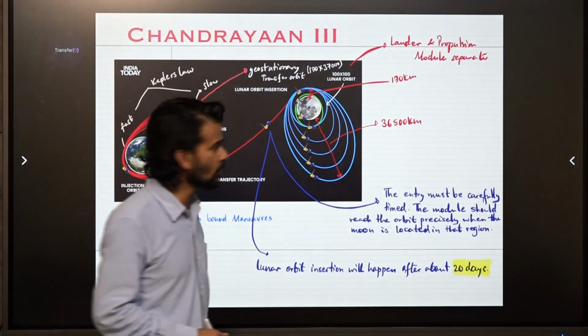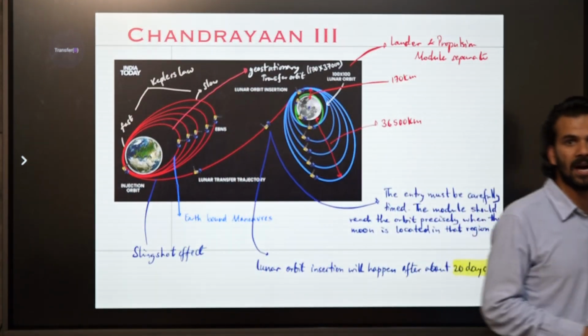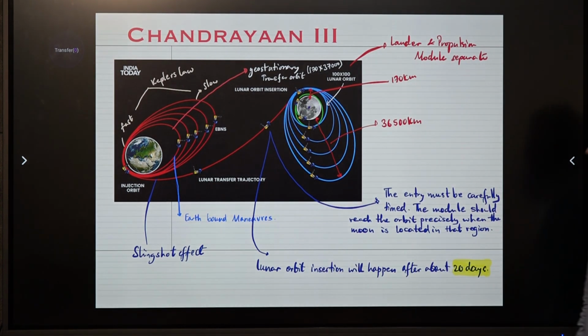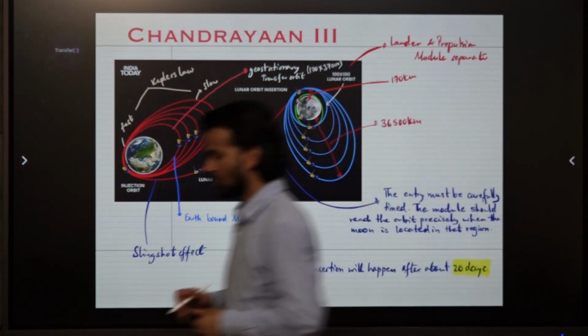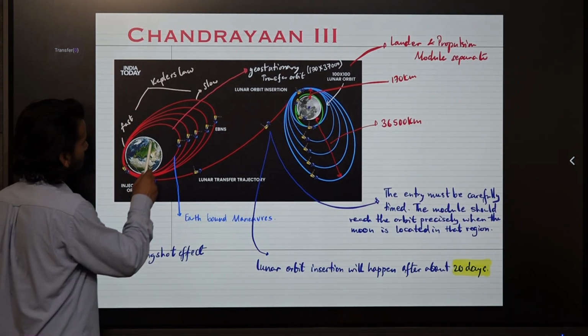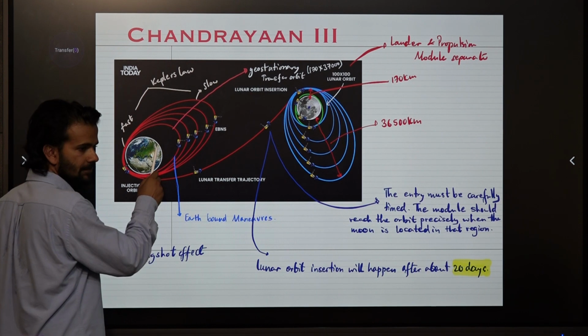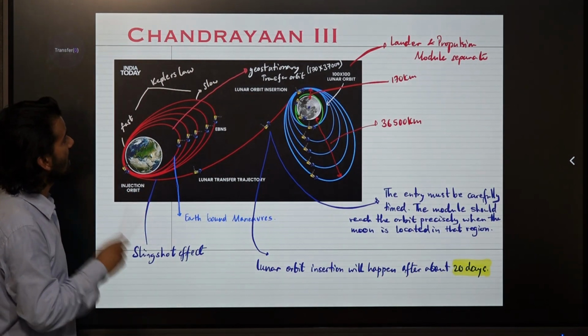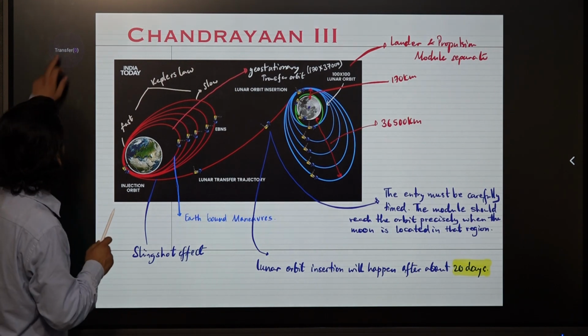Now let's look at the path that the satellite follows. Let's have a look at it very closely. You start from the surface of the Earth. This is the path that it follows, very important.